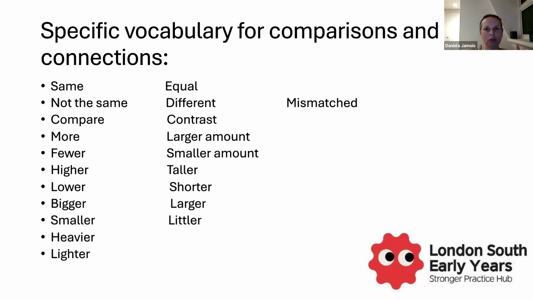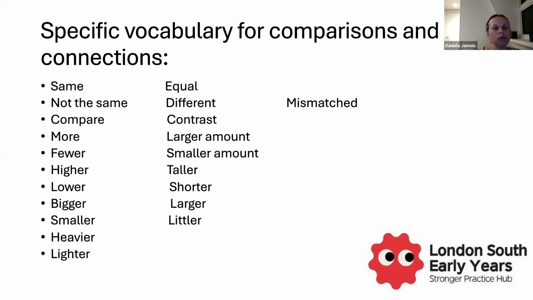Now, in your setting, you will find that practitioners use different words because we're all different and we all emphasize words over others. So some of these words you might want to swap around. So you might find the word in the second column is actually simpler for your group, and the word in the first column might be a little more complex. So it really does depend on your setting, on your adults, on the frequency of certain words being used.